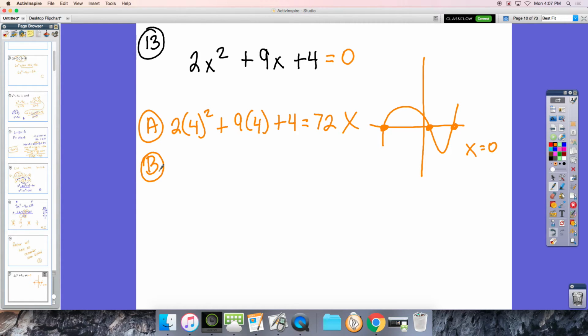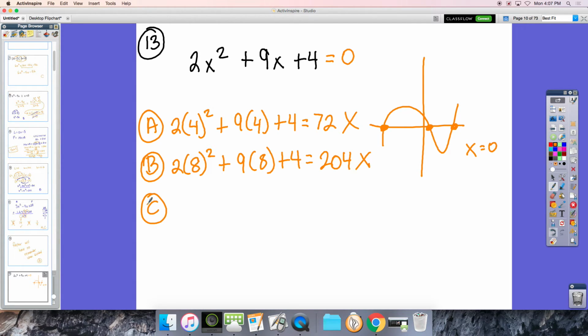Let's try B. So you can pick either 8 or 1. Let's try 8. So I'm going to take the same thing, but now I'm going to put 8 where my x's are. When I type that in, it gives me 204, also not 0.